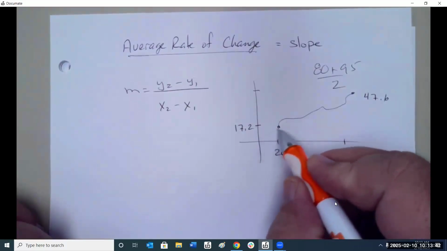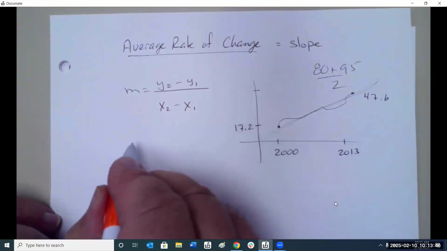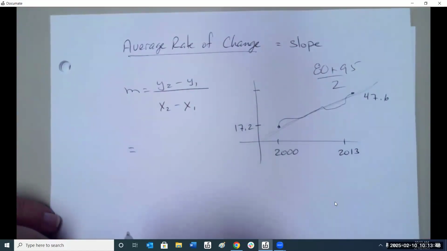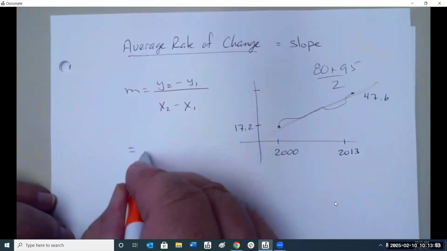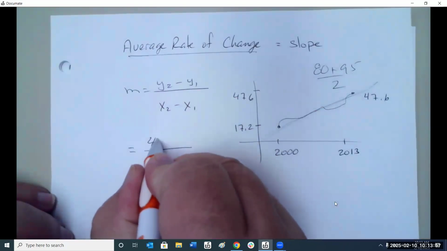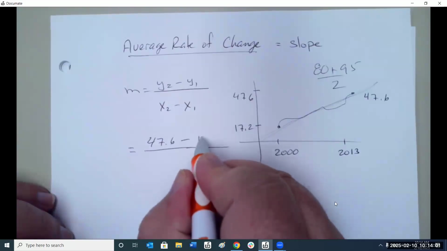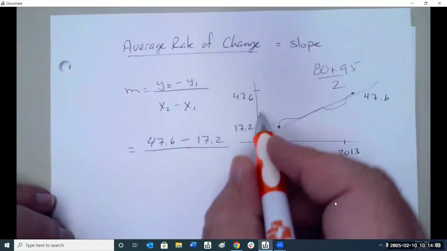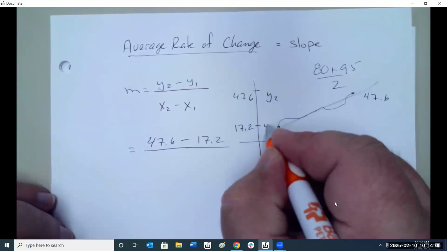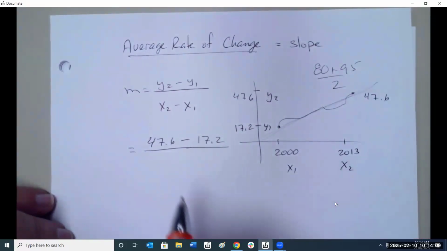So we're just looking at the average rate of change of these two, the slope between those two. So what's Y2? 47.6 minus 17.2. This is Y2. This is Y1. This is X2, and this is X1.